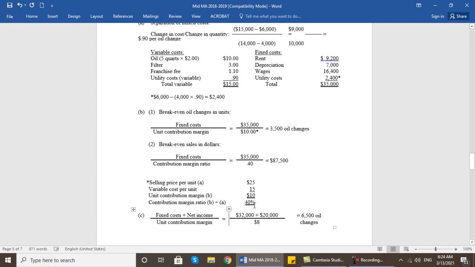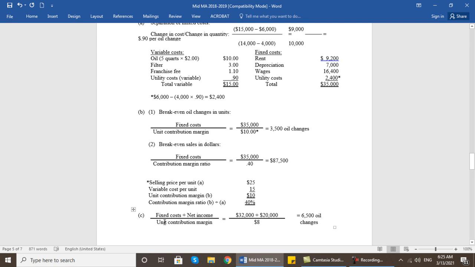Now contribution margin 10 divided by 25 is 40%. So the answer for break-even in dollars is 87,500. Or we can calculate it another way: 3,500 times 25, the same answer.